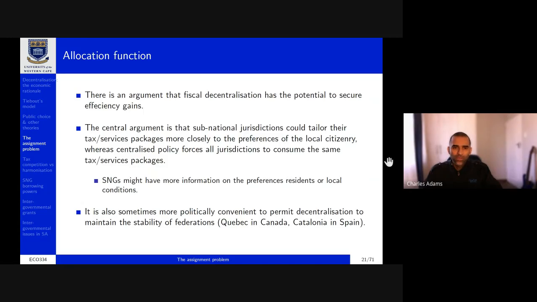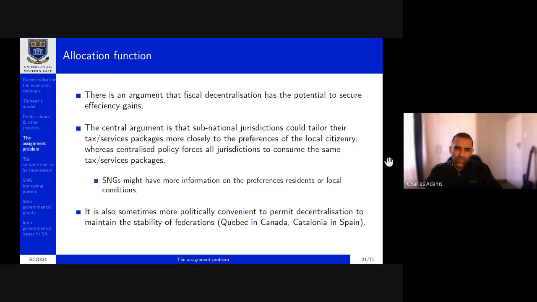Okay, then there's the allocation function. So there's an argument that fiscal decentralization has the potential to secure greater efficiency gains. Also, the central argument is that subnational jurisdictions could tailor their tax and services packages more closely to the preferences of the local citizenry, whereas more centralized policies force all jurisdictions to consume the same mix of taxes and services, right?